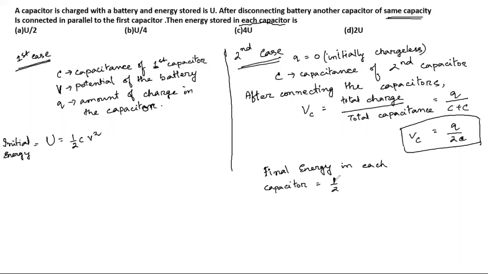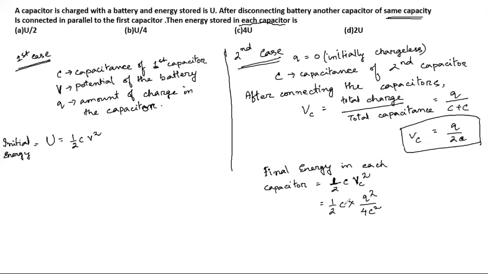Since both the capacitors have the same capacity C, the energy is half C times the common potential, V suffix C, squared. So this will be the expression for the final energy in each capacitor: half C, where V_C is Q by 2C, so Q square by 4C square.